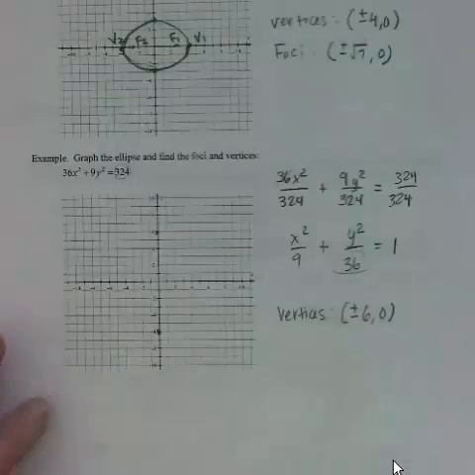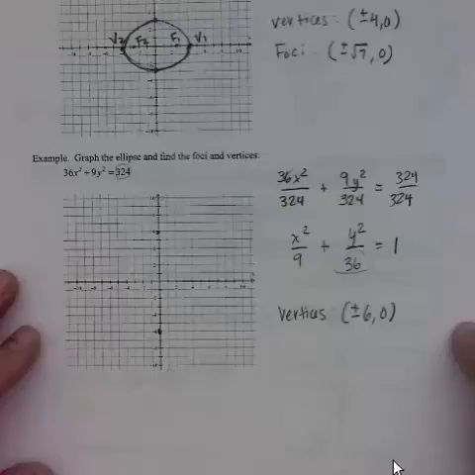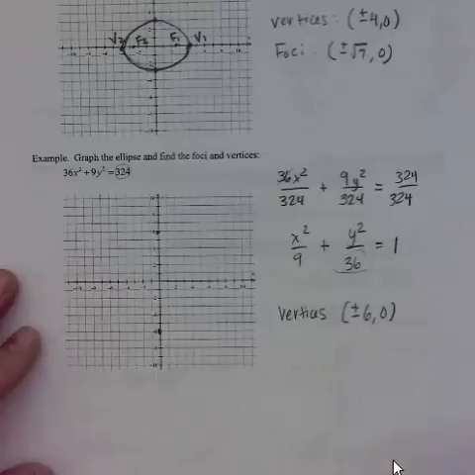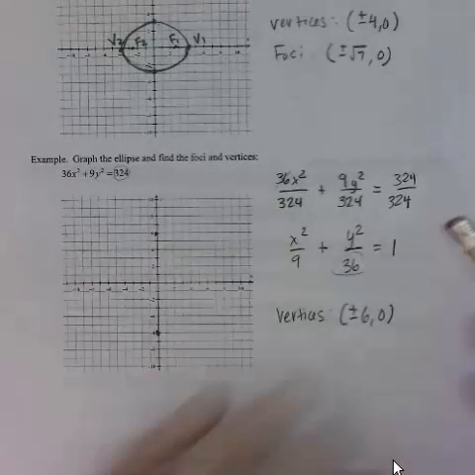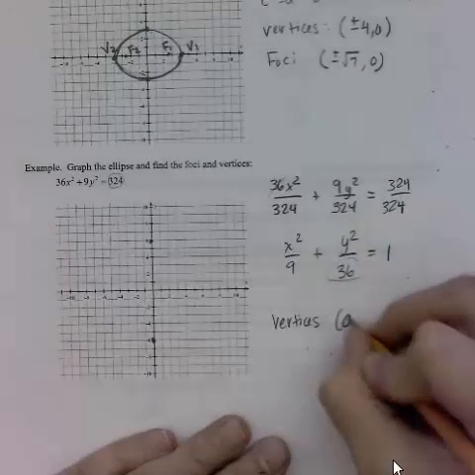Once these things shift, you're going to have to write 2 separate points. But when it's centered at the origin, you can take the shortcut there. Whoops, I messed up, didn't I? I want to switch those around. X is 0 this time. Y is plus or minus 6.